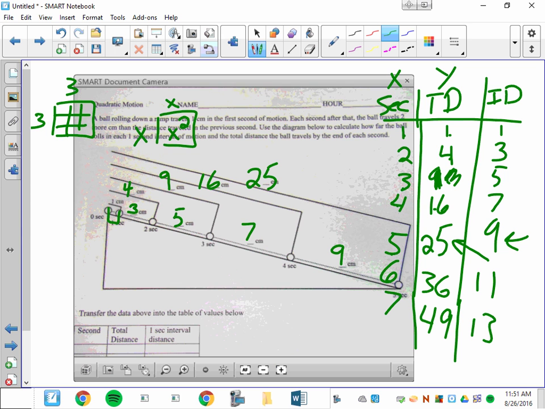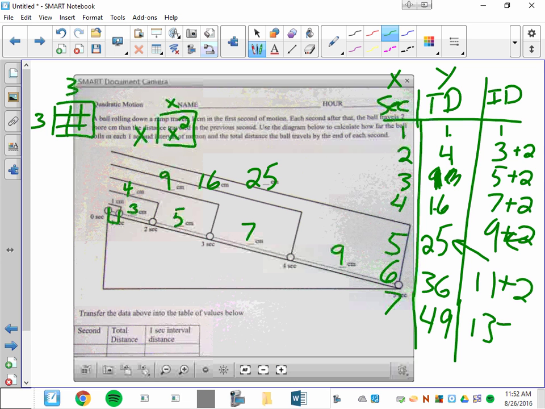The middle column here, the total distance column, is just the square of the seconds. What about the interval distance column? Do you notice a pattern there? It goes up by 2. So what you're saying is, if I put a bunch of plus 2s out here, then this interval distance column is linear, right?